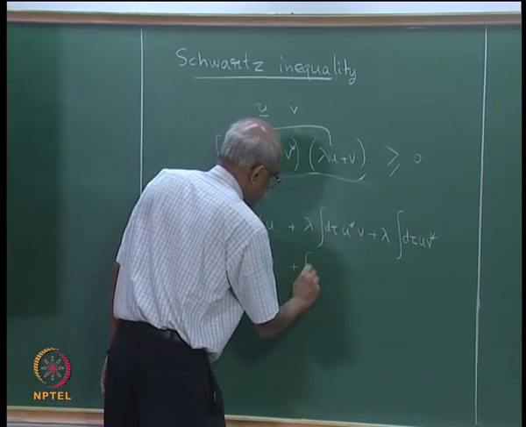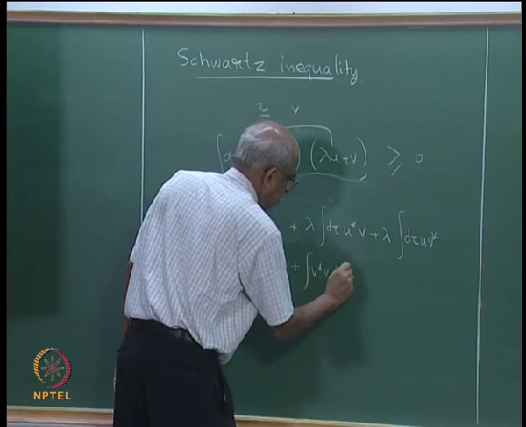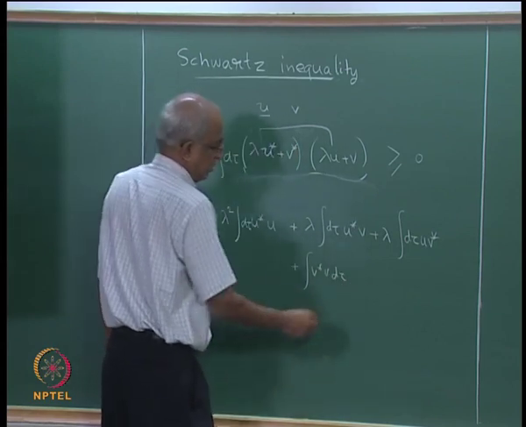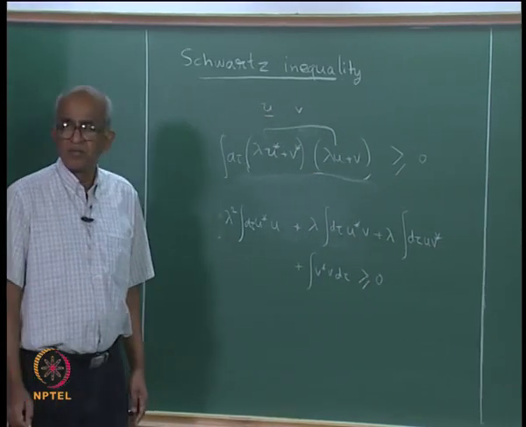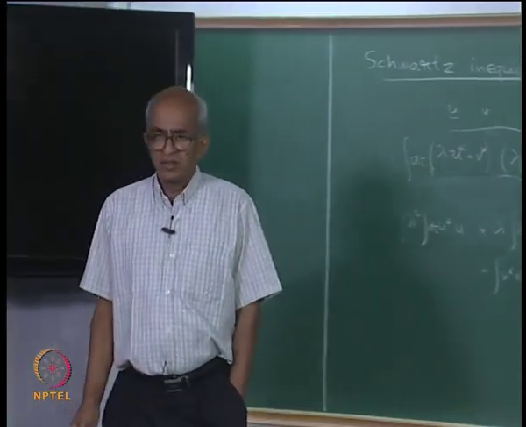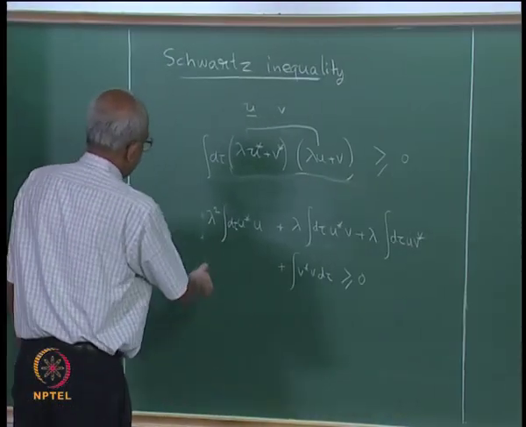It is going to be integral v star v d tau, and this has to be greater than or equal to 0, right. That is actually something very obvious.